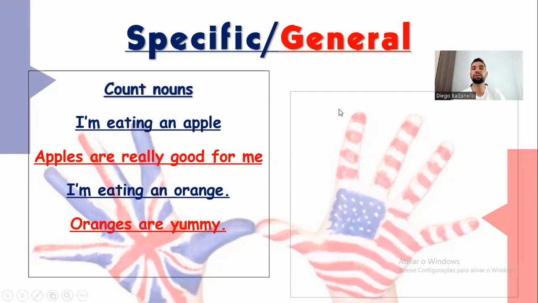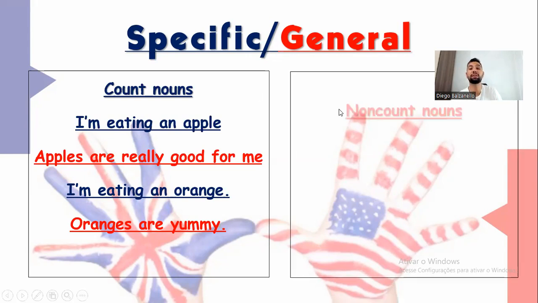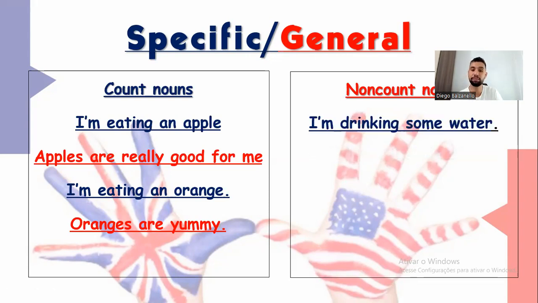Let's go to the non-count nouns and see the specific and general. Here, I use singular, an apple, because 1, 2, 3, 4, 5 apples. With water, that is a liquid, I use some. I'm drinking some water, so no plural. All non-count nouns are singular.